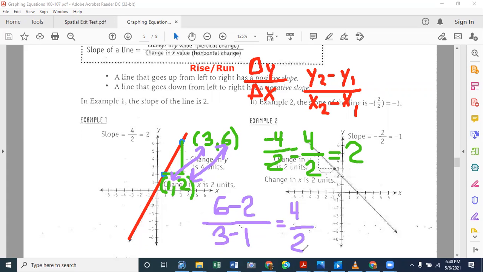Notice how I get the same result. Why is that? Well, because I'm doing the same thing. I'm going from 6 down to 2, just like I was before, but I'm not showing it graphically this time. I'm just subtracting it, 6 minus 2, which is what I did when I graphed. But if I don't have a graph, I can use that formula. So that's another way to find the slope.